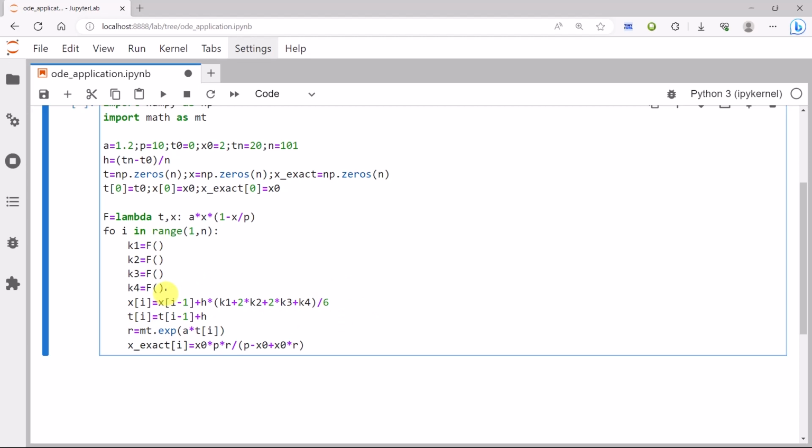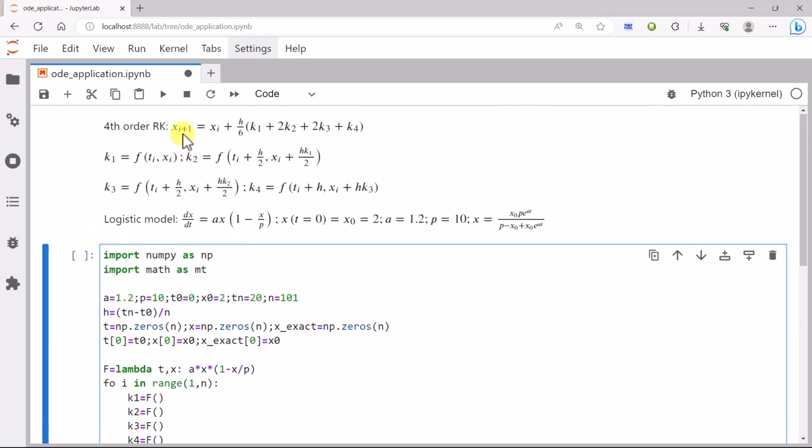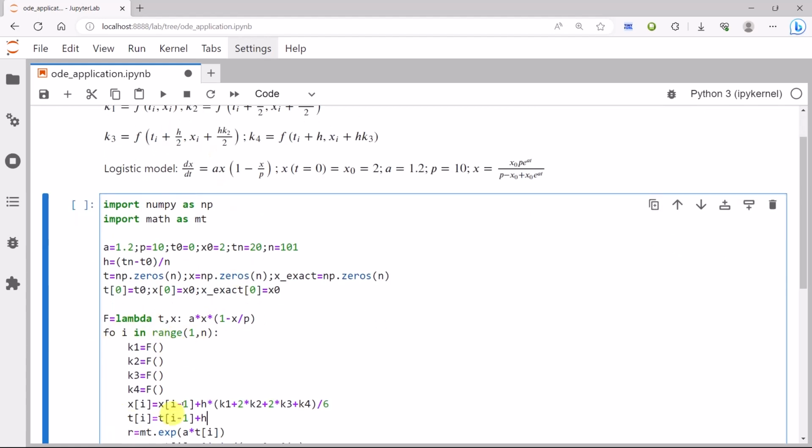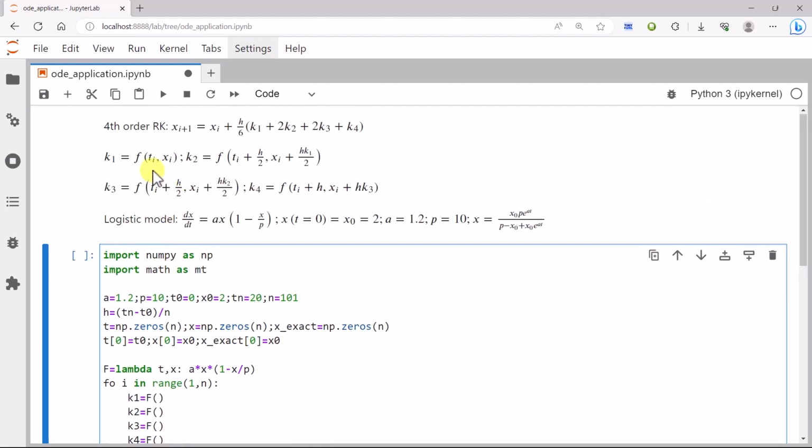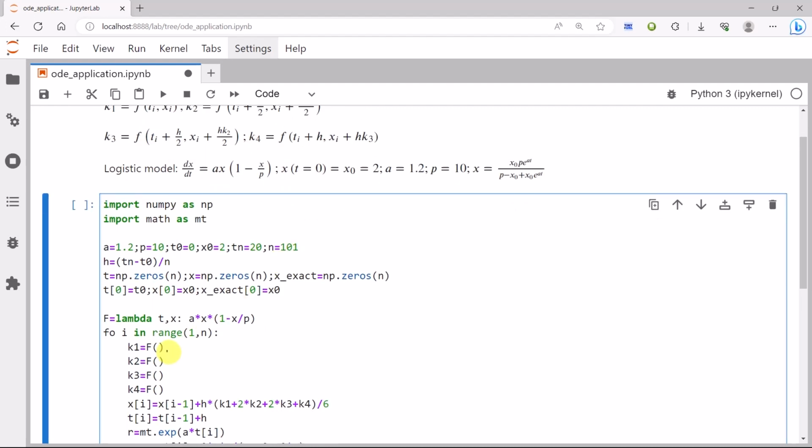Now all we have to do is properly write this k1, k2, k3, k4, and this is where we make mistakes. Here it goes from i to i plus 1, but you have to understand here we are going from i minus 1 to i. So this t i, x i, etc. will be t i minus 1 and x i minus 1.